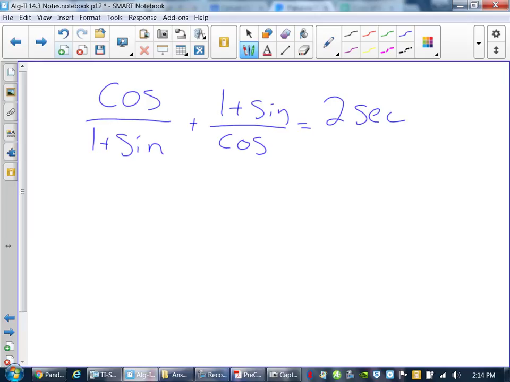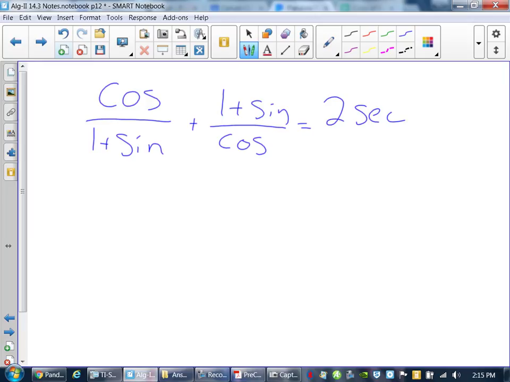So here's what I want to look at, guys. I'm going to go through a couple of these. It might not be an exact example, but at least it gives you a first step. So when I see something like this, in this case a verify, even if it wasn't a verify, I had two fractions put together, what in your mind should you be thinking of right away?